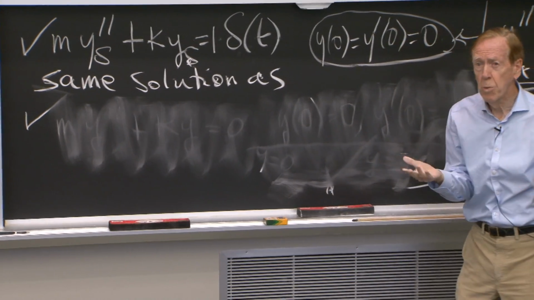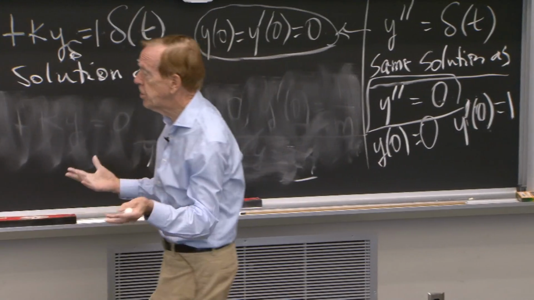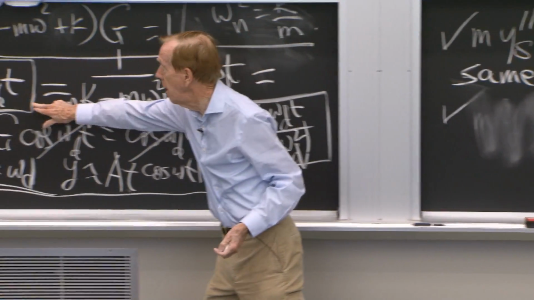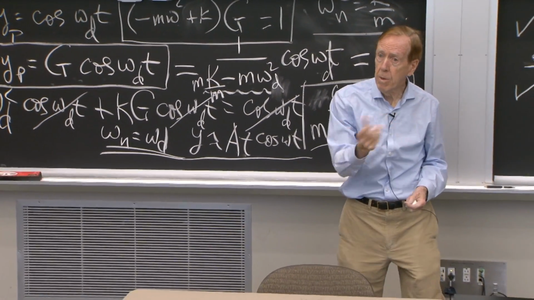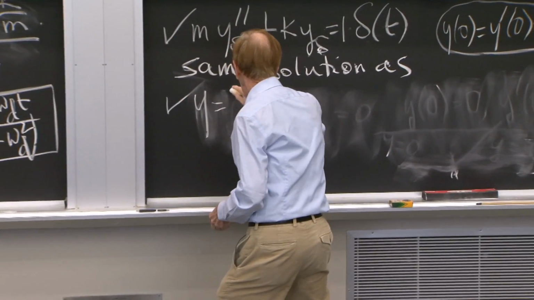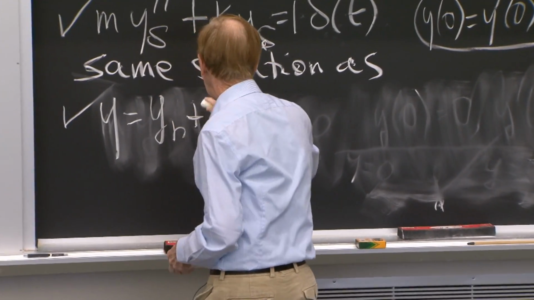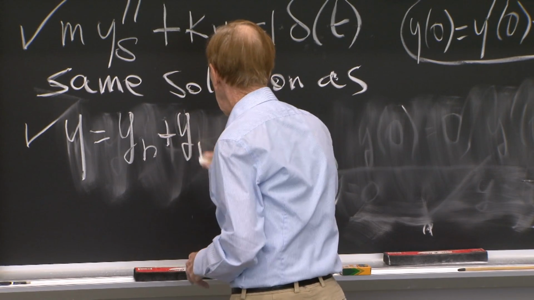So in words, the warning is, remember that the particular solution has some initial condition, in that case g, and that's going to affect the right null solution. So again, y is y null plus y particular.